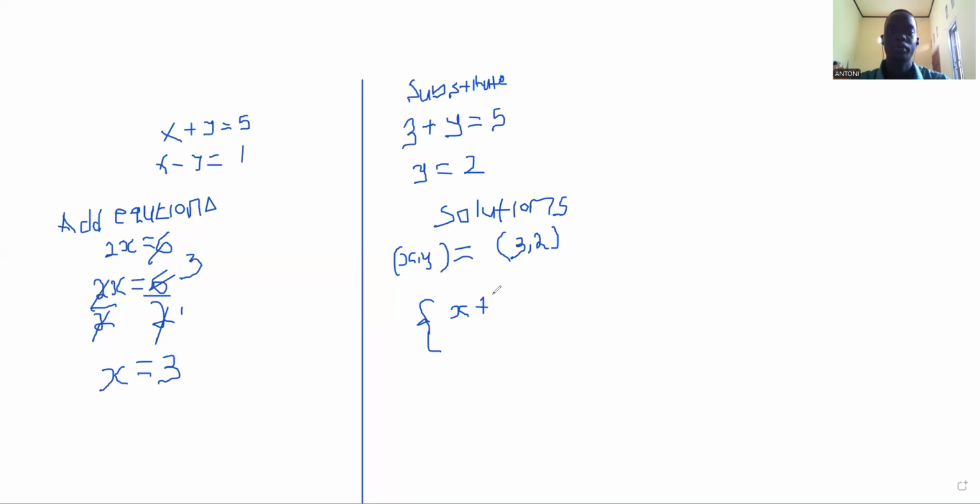Y, which is equal to 5. And the second was x also, minus y, which was equal to 1.